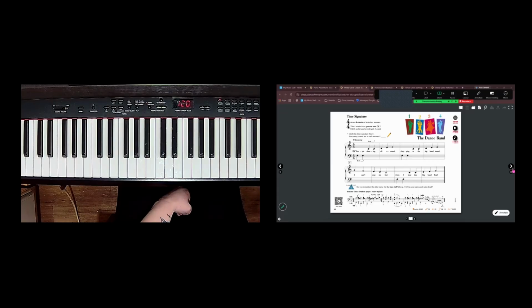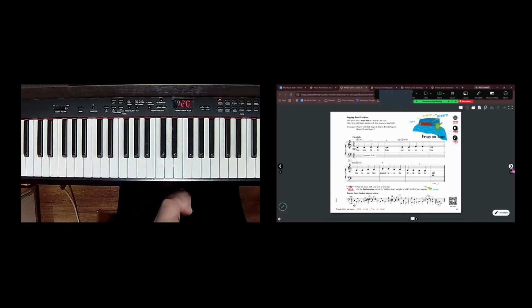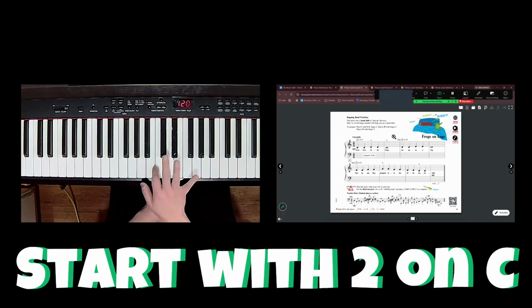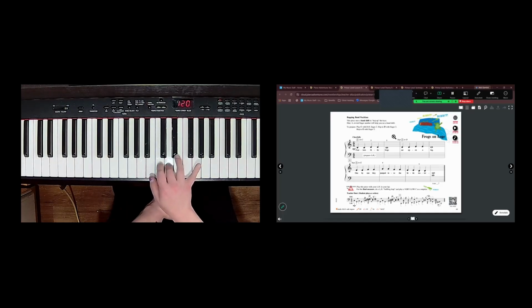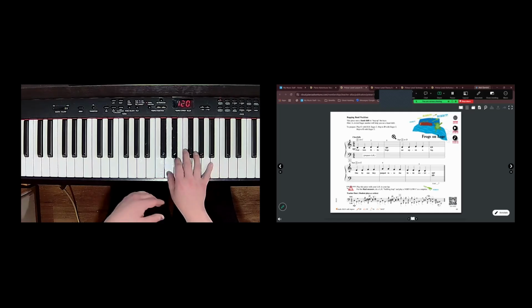Okay, so now you'll also do frogs on a log. And this one, there's a lot of movement on it. So you'll start with your 2 finger on C and hit it 2, 2, 3, 3, 2, hop. 2, 2, 3, 3, 2, hop. 2, 2, 3, 3, 4, 4, 3, 3, 2, 2, 1, 1.